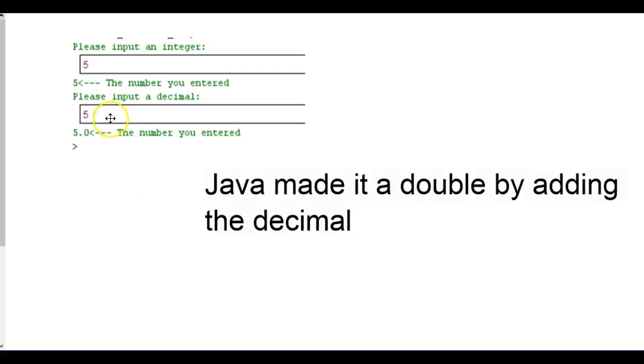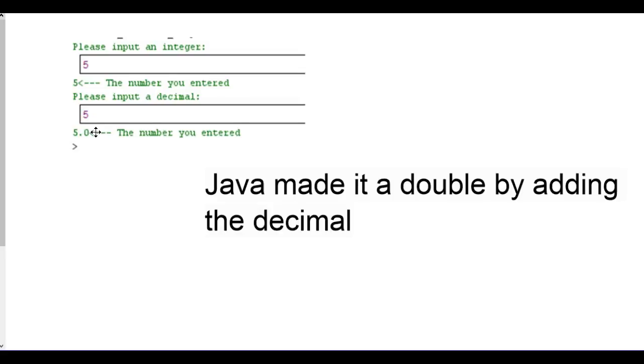When we run this, it's fine, but it does something odd. We typed in a 5, and what it printed was a 5.0. What Java did was it said, okay, I'm going to take the 5 and put it into the double because it fits, but it still needs to be a decimal.